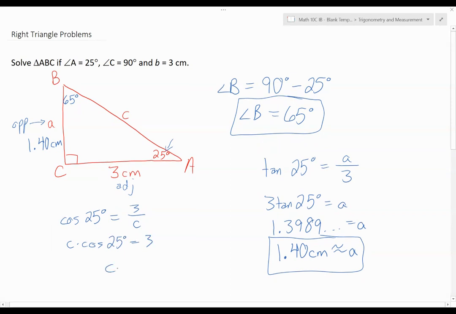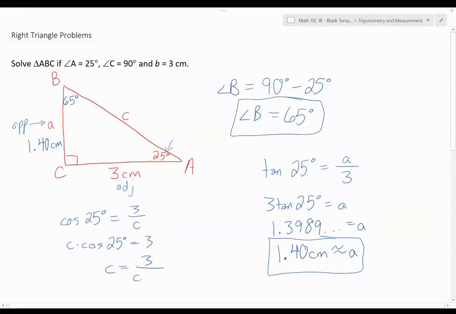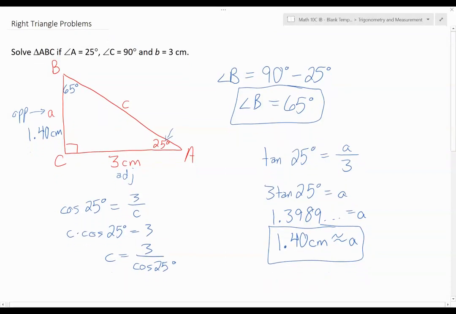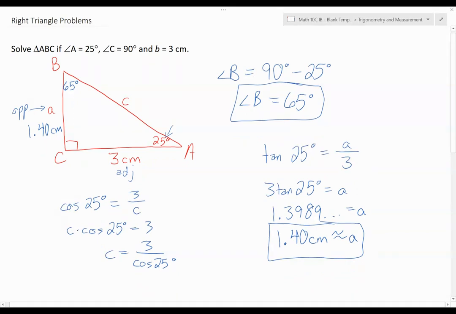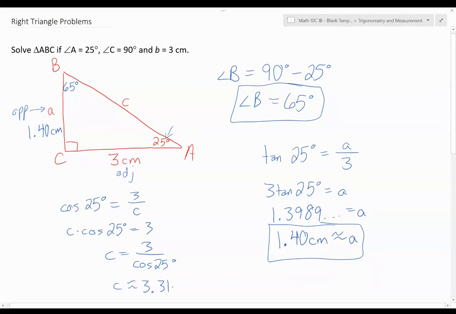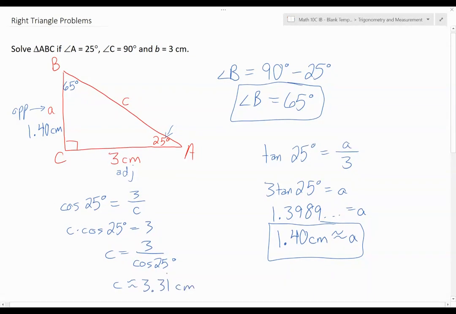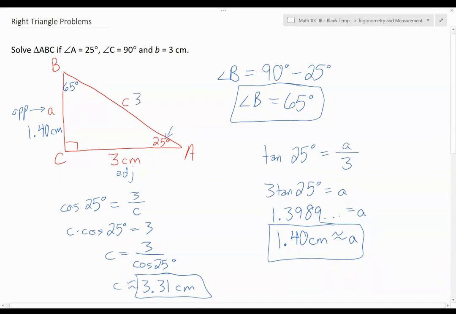So c equals 3 divided by the cosine of 25 degrees. This is how I can find c using only given values instead of calculated values. So 3 divided by the cosine of 25 gives me about 3.31 when I round it to 3 significant digits. And that is logical because we have the longest side now being c.